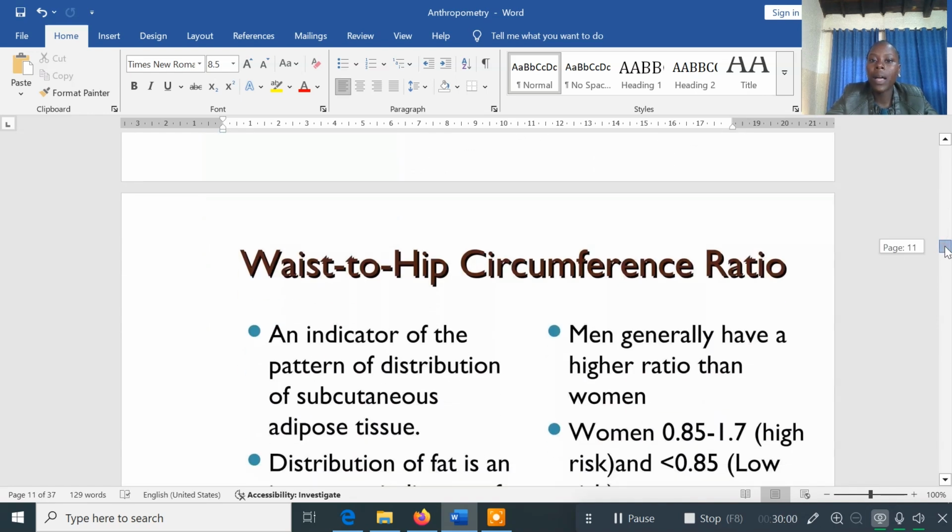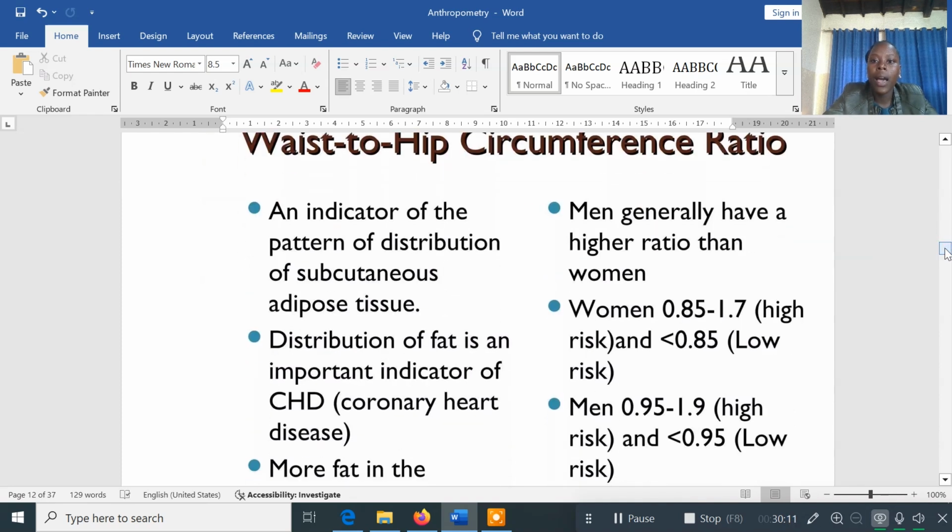We are going to look at the next parameter, which is the waist to hip circumference ratio. It is an indicator of the pattern of distribution of the subcutaneous adipose tissue.